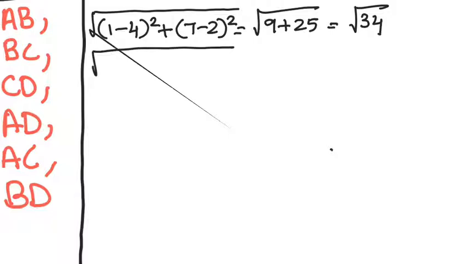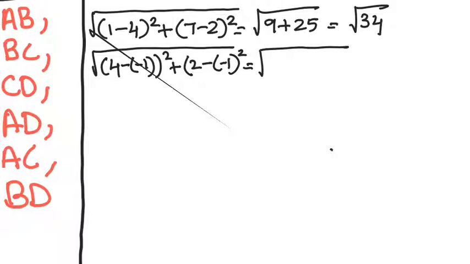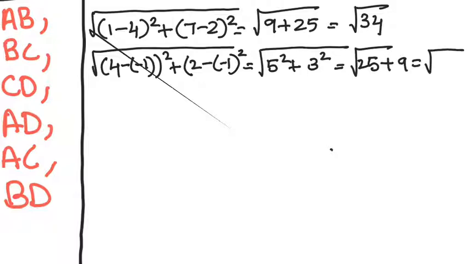To calculate BC, root of (4 minus of minus 1) the whole square plus (2 minus of minus 1) the whole square, because the coordinates of the point C are minus 1. That is 4 plus 1, 5 square, plus 2 plus 1, 3 square. That is equal to 25 plus 9, that is root of 34. You are already seeing that AB and BC are equal.